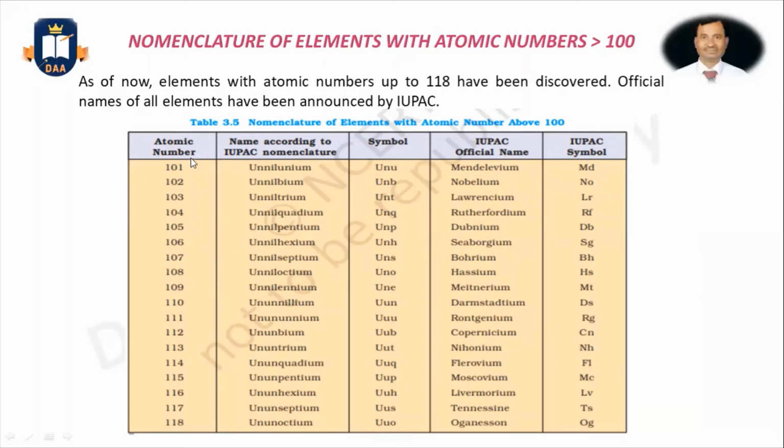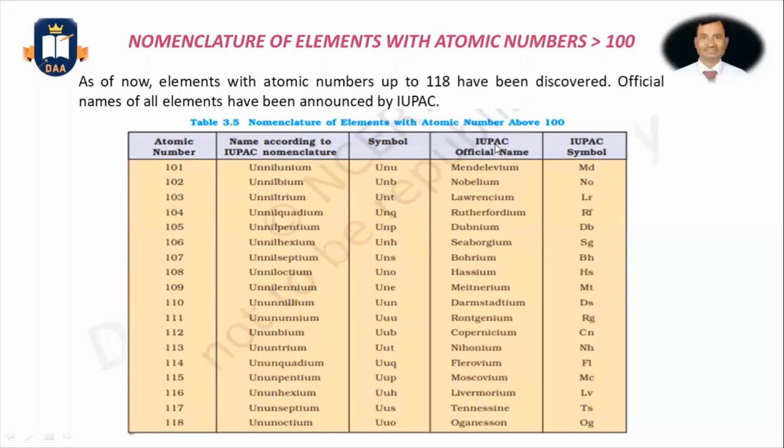So in this way, when the atomic number is 102, that name also you see: UN for the 1, NIL for 0, and BI for 2, and last you have to put UM, and its symbol is UNB.